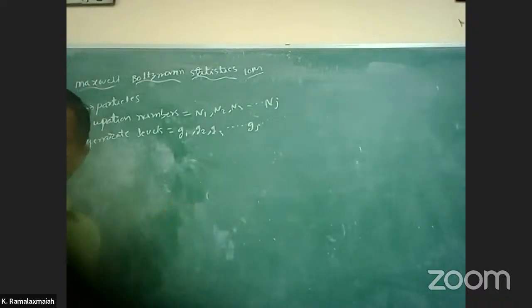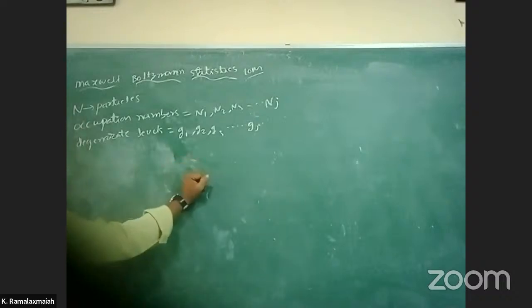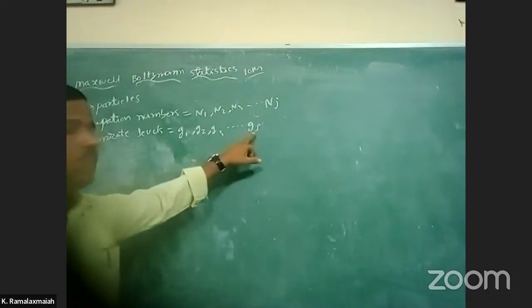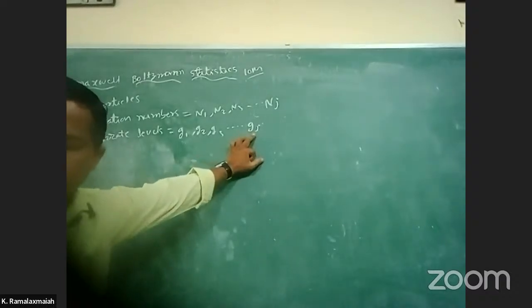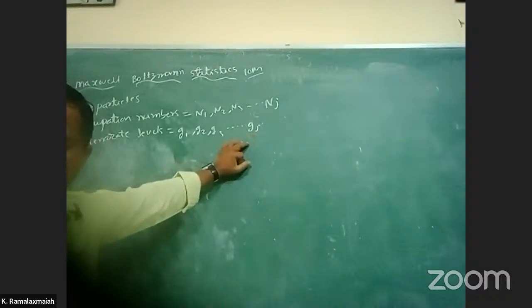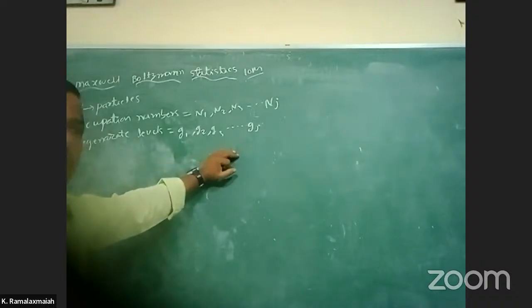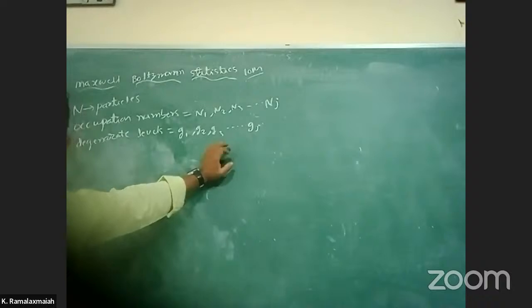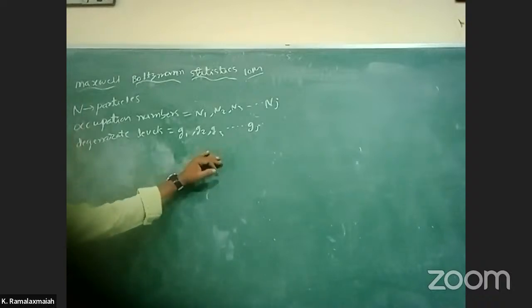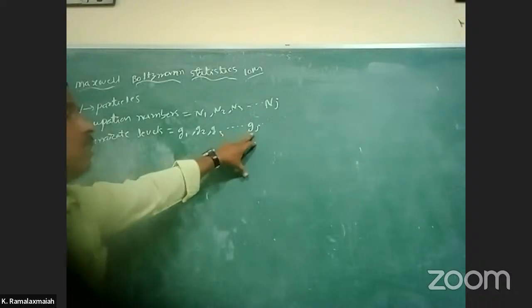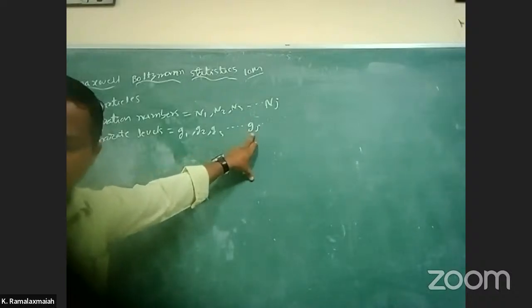The first particle may be placed in any one of the Gj states. There is no restriction on the number of particles in any state. The second particle can also be placed in any one of the Gj states.